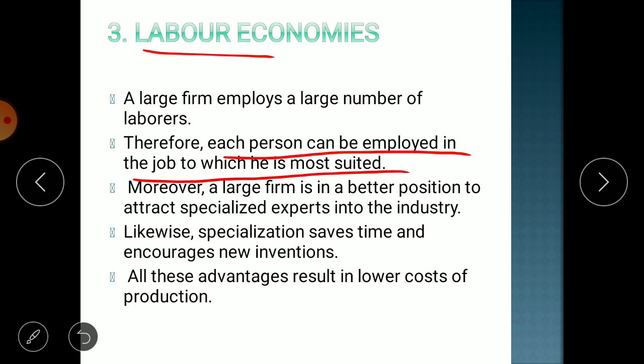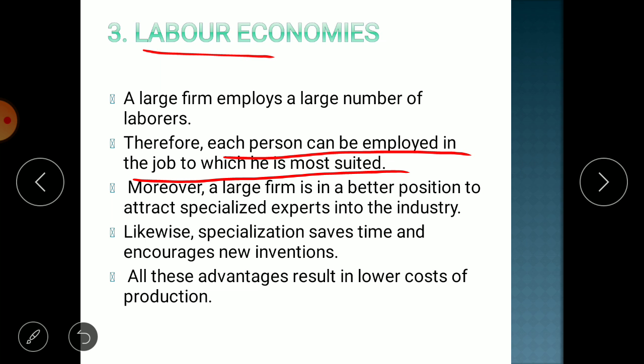Take the example of a joint stock company and a sole proprietorship. The size of a sole proprietorship is small and the size of a joint stock company is big. Now, in a sole proprietorship, if you are employing any employee, then he is likely to do everything. He will purchase, he will sell, he will keep the record of accounts and everything.